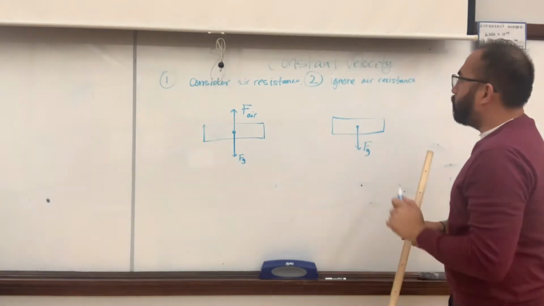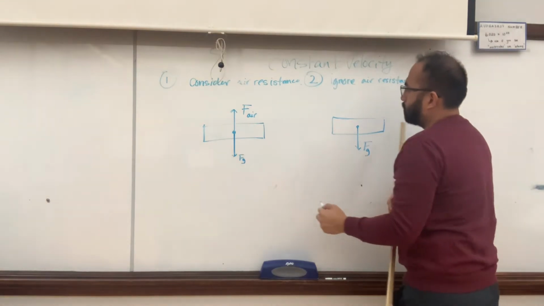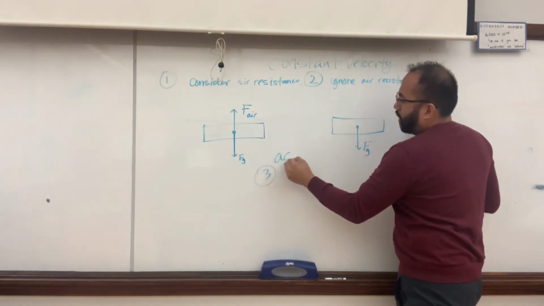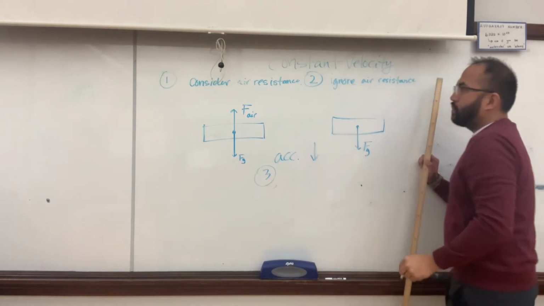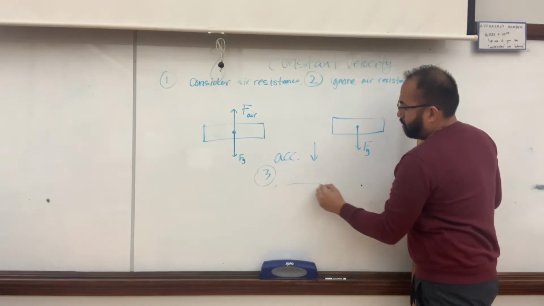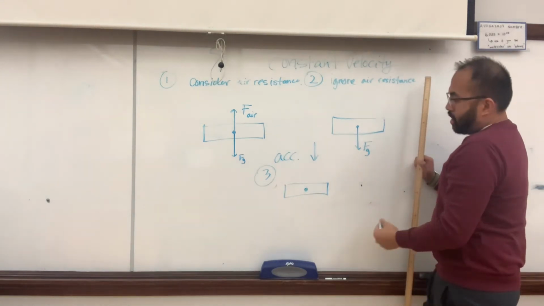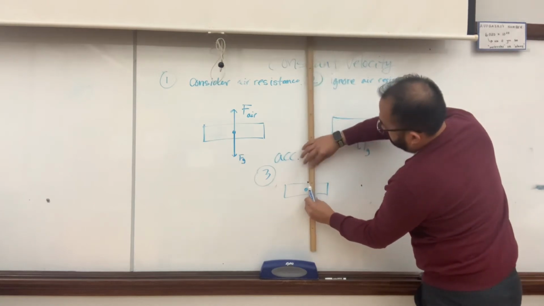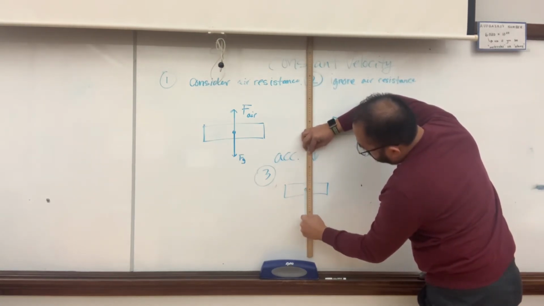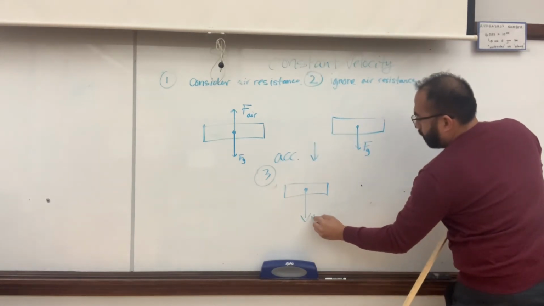Let's say though that the object is accelerating downward, and we have air resistance as well. So this will be my drawing from my free body diagram right there. Let's say that's going to be my force of gravity.